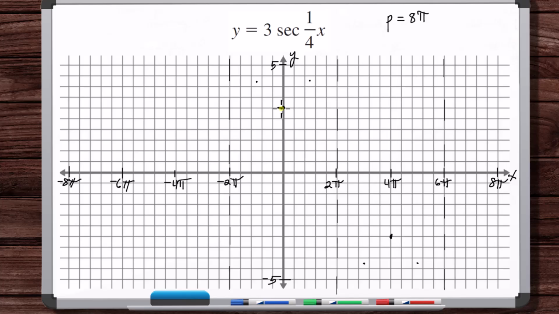This is a local minimum, and I probably should have brought this point down a little bit more so we could see the graph better. It's probably more like that.